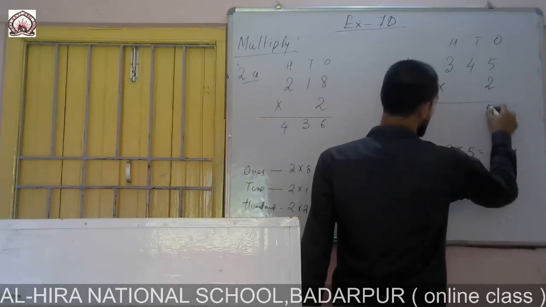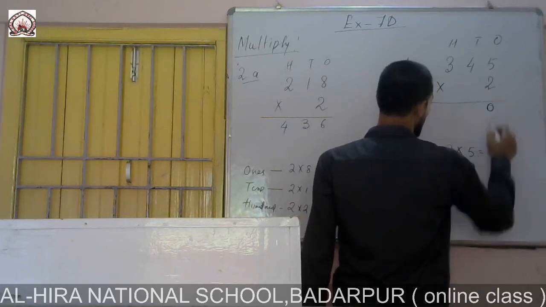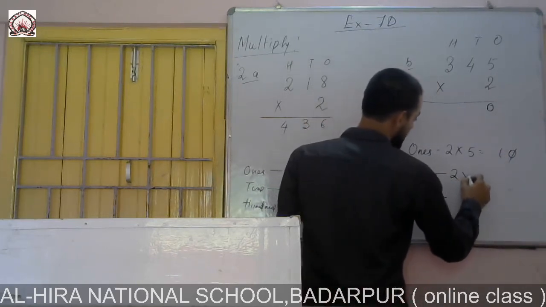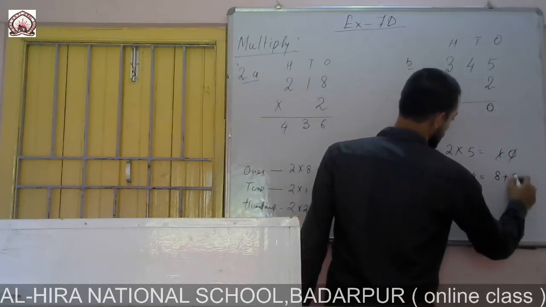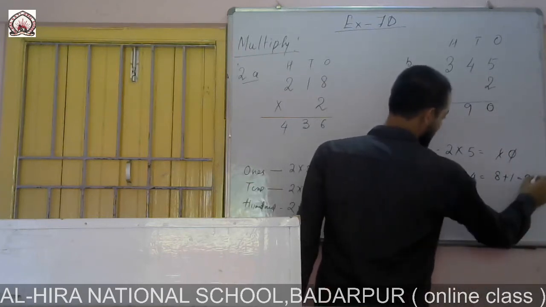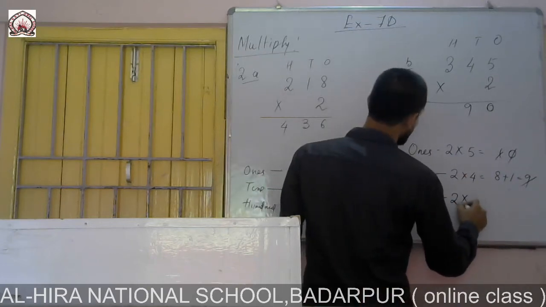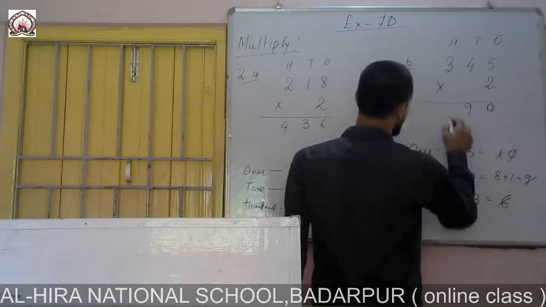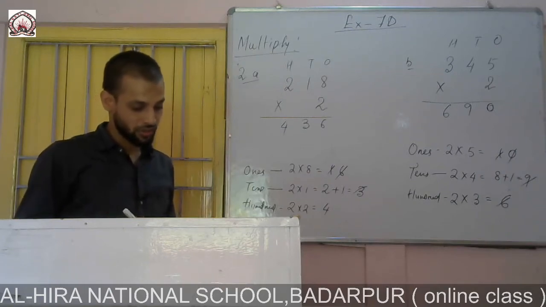So this 0 goes in the ones place, and this 1 carries to the tens place. Now we multiply the tens place. 2 multiplied by 4 equals 8, plus 1 equals 9. So we write 9 in the tens place. Next, the hundreds place. 2 multiplied by 3 equals 6. So we get 6 in the hundreds place. The answer for this question is 690.